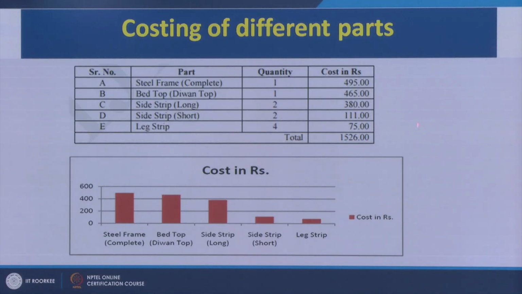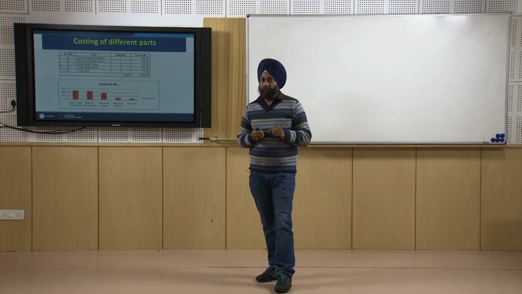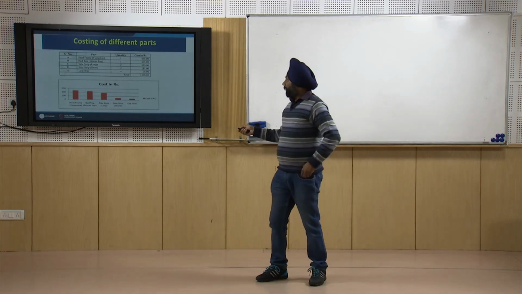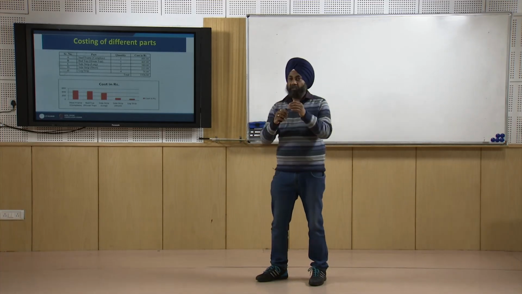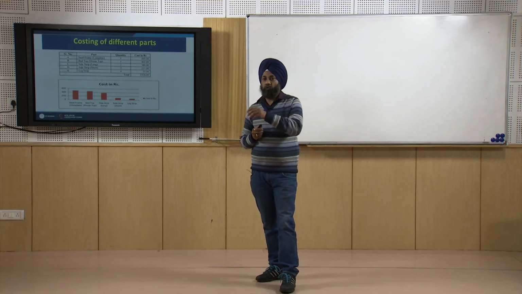Similarly the costs for individual components are given, and the overall cost of the present design is rupees 1526. Now this is the basic information. We have seen how to solve a value engineering study. First part is the orientation. So this is the orientation of the problem, in which we have highlighted all the basic information which is related to the functions and the cost of the Divan.